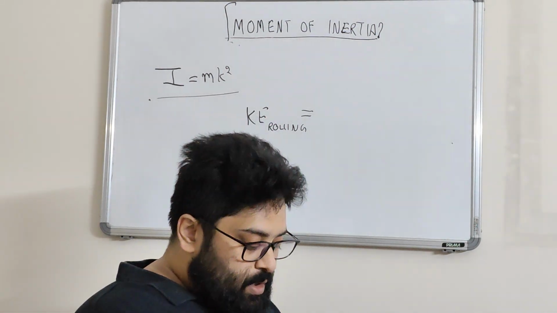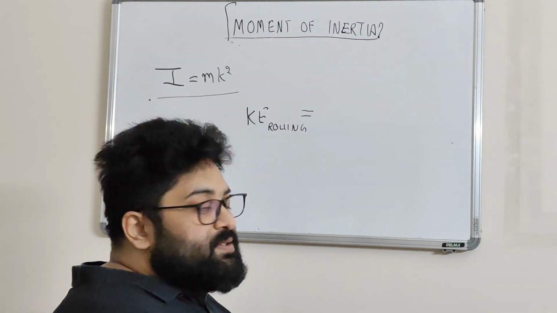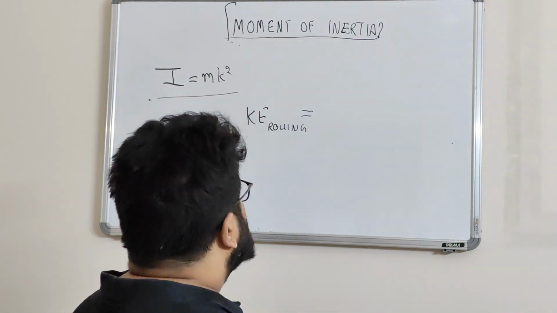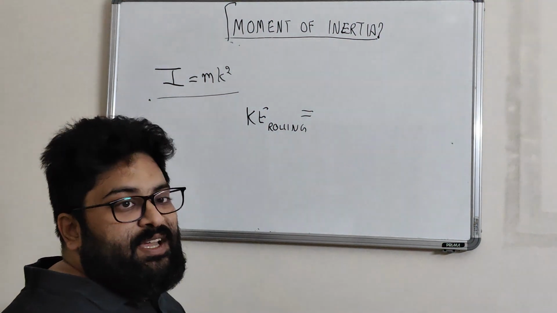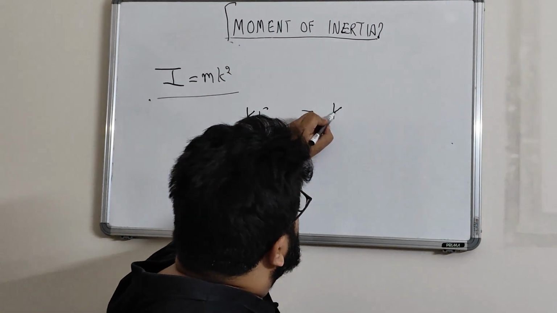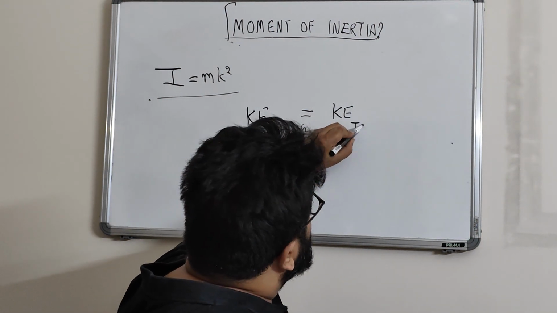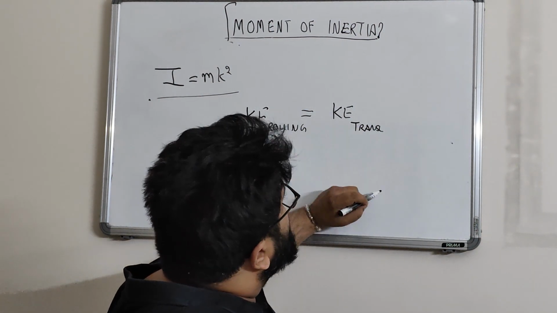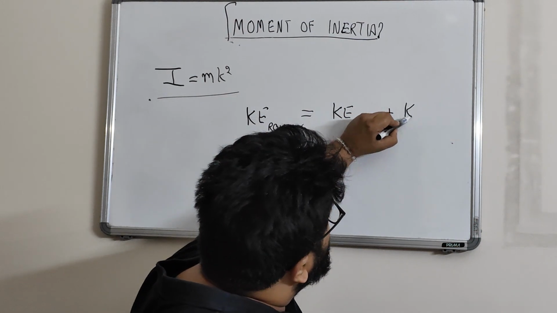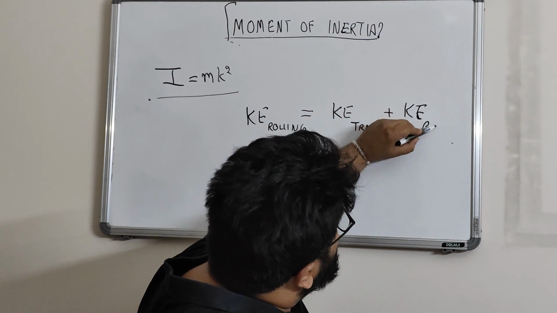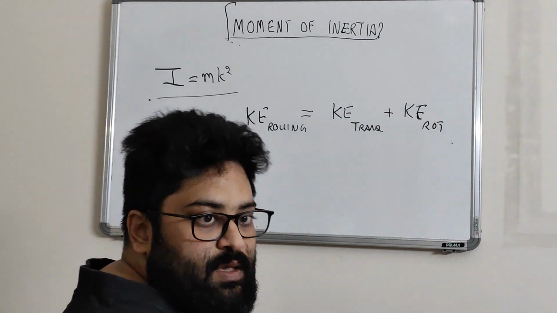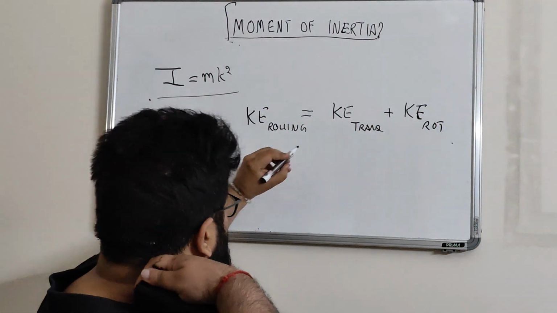I'm just trying to connect the dots so that this topic is comprehensive. So the kinetic energy of rolling is equal to the kinetic energy of the translational motion, and added to that is the kinetic energy of the rotational motion.